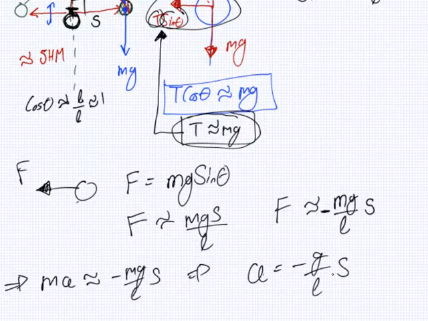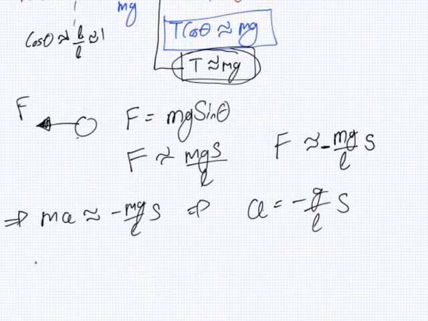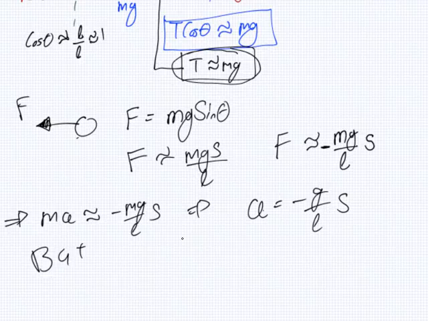Simple harmonic. So we can use our formulas for simple harmonic motion. What is the formula for acceleration? A equals minus omega squared s.